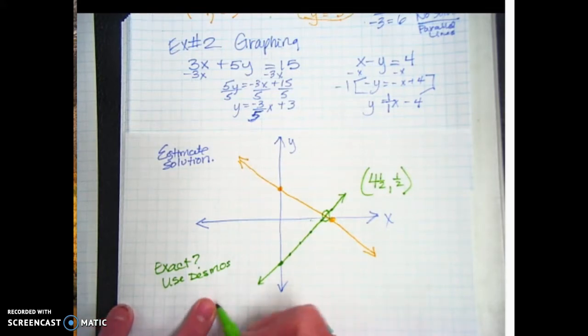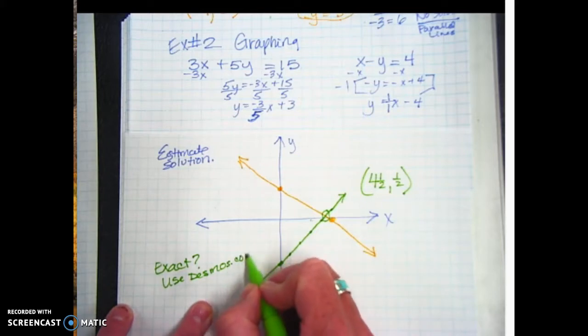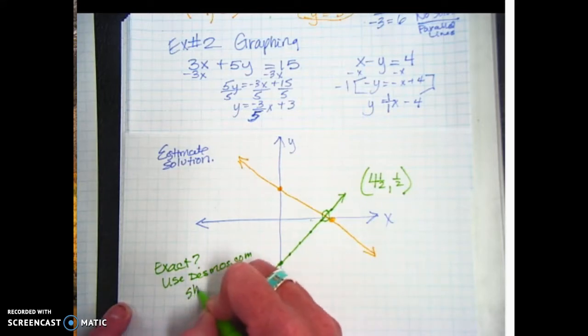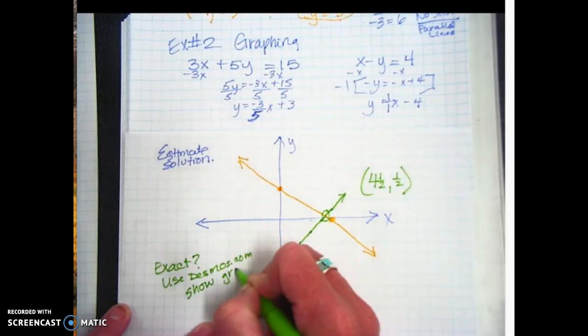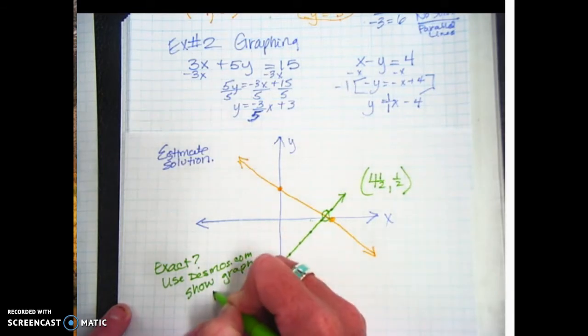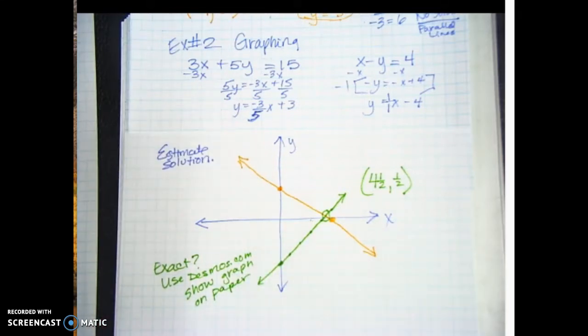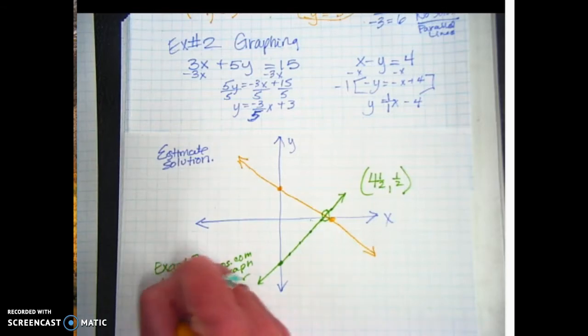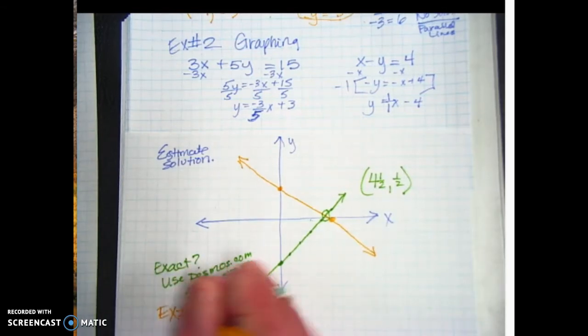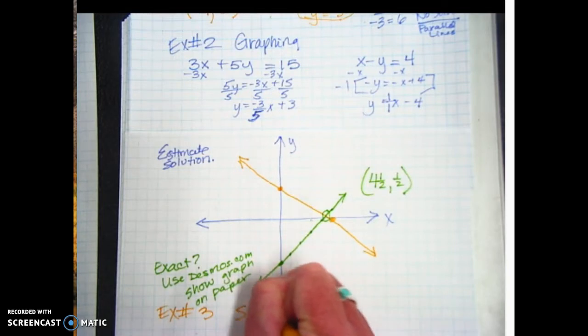But make sure if you use Desmos that you show the graph on your paper. Okay. And I think it does give it to you as a decimal. All right, let's do a substitution. So example number 3. We're going to use substitution.